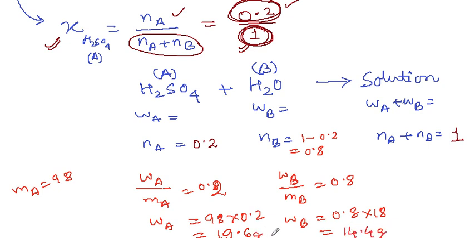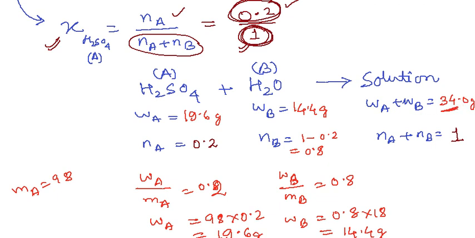Okay, so this is 19.6, this is 14.4 gram that we have. So if we add the mass of the solutes and the solvents together, collectively their mass will be 34 gram.